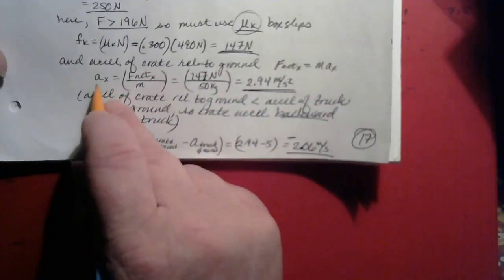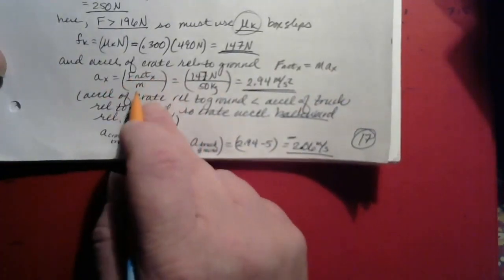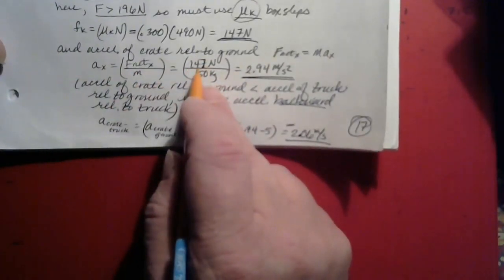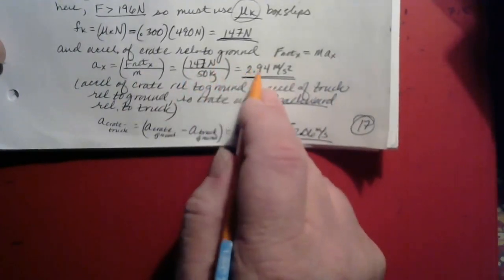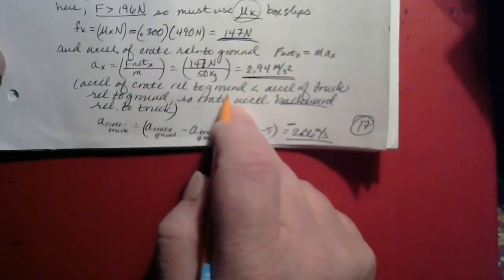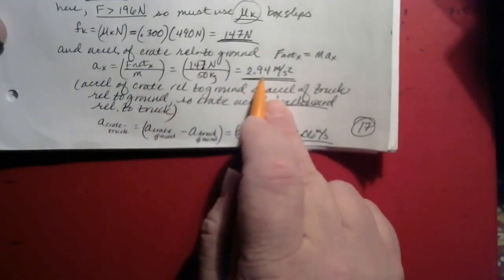You can rearrange that to find the acceleration in the x direction. That's the net force in the x direction divided by the mass, and that would be 147 newtons divided by 50 kilograms, and that's 2.94 meters per second squared. That's the acceleration of the box relative to the ground.